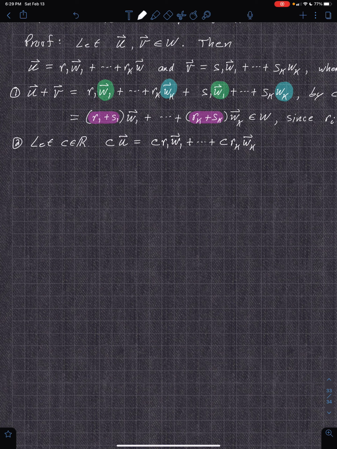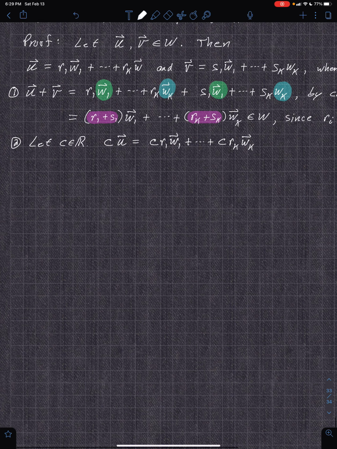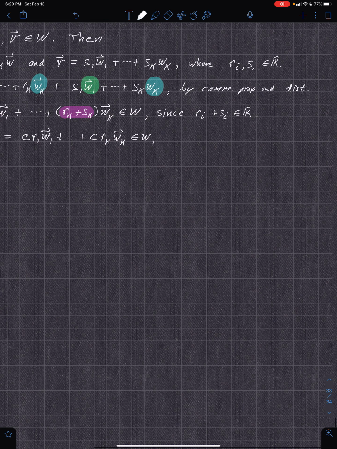And for the same rationale, that is in W since c r sub i is in R. Okay, so this is also in W since c r sub i is also in R.